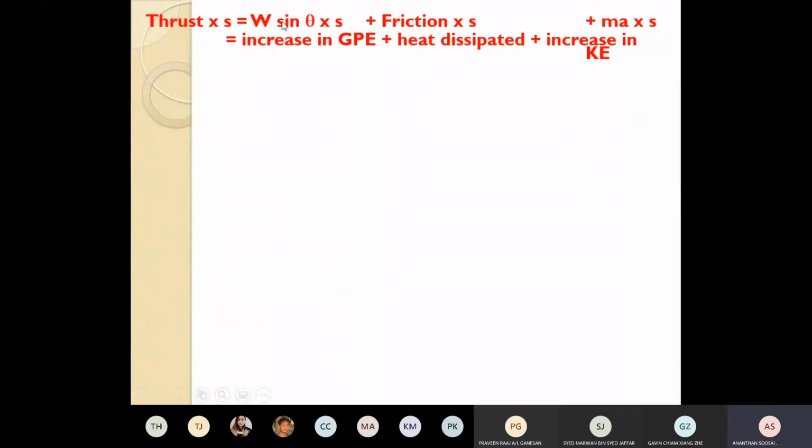So the equation tends to become like this: thrust times s equals W sin theta s, plus friction times s, plus mas. That is the increase in GPE, heat dissipated, and increase in KE. Increase in GPE means final GPE minus initial GPE. Increase in KE is final KE minus initial KE. So thrust times s is the work done by the car engine.